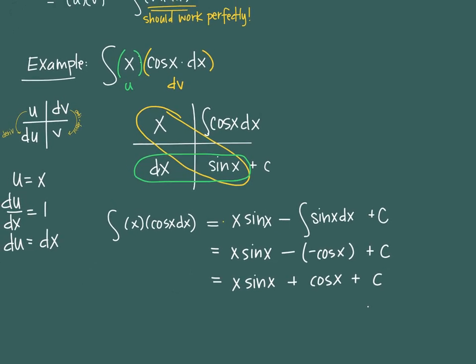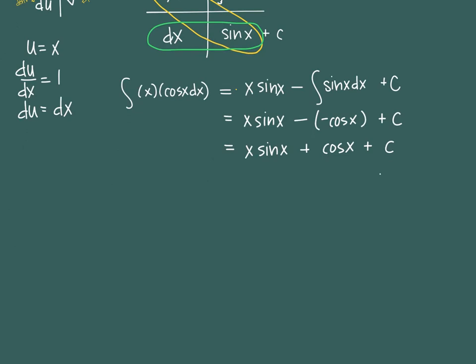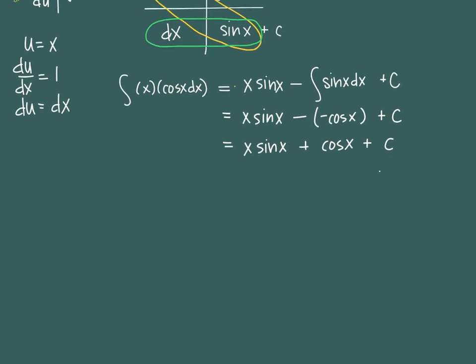Now, I chose the u for you this time. There is a nice, helpful, nonsensical word, like the word itself doesn't make sense, but it helps you to choose. When you make your choice, you want to apply the LIPET test. So the question is, how do I make a good u choice for integration by parts?